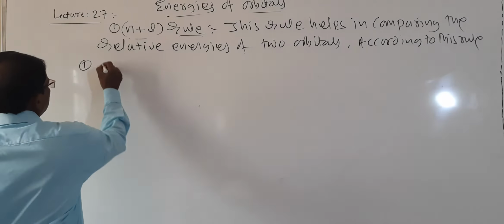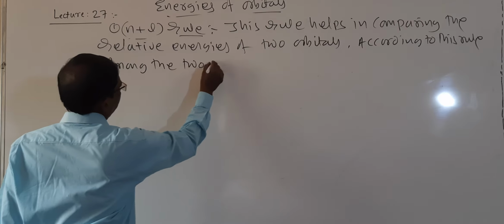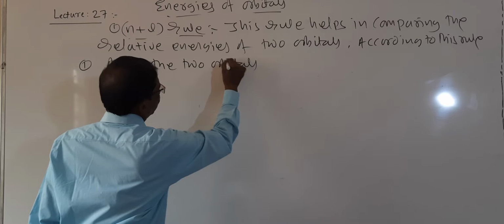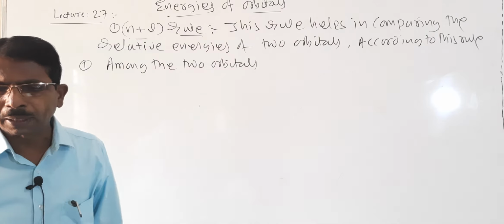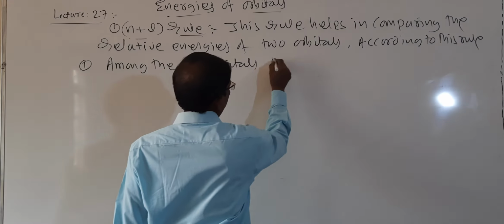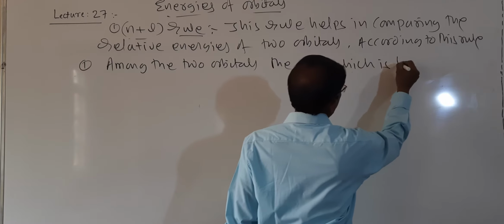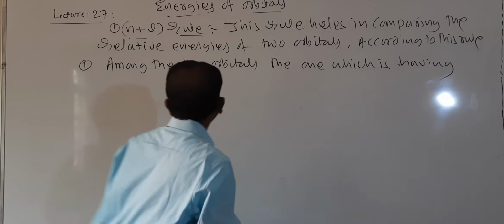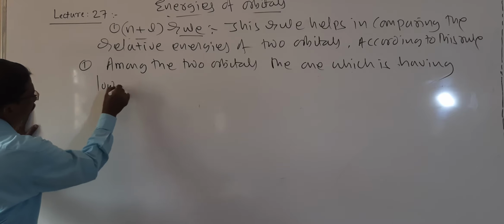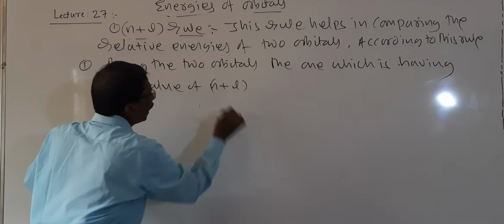Among the two orbitals, the one which is having lower value of n plus L has lower energy.